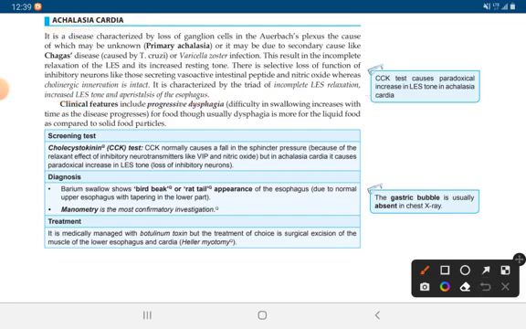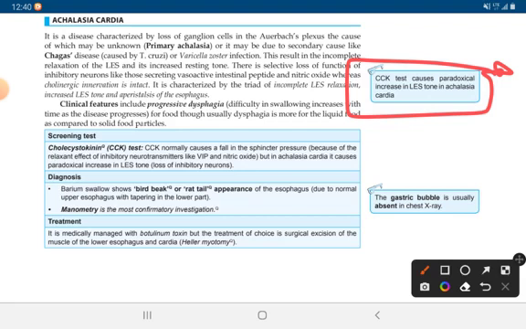The clinical features include progressive dysphagia, difficulty in swallowing that increases with time as the disease progresses, though usually dysphagia is more for liquid food as compared to solid food particles. The CCK test causes a paradoxical increase in the lower esophageal sphincter tone in Achalasia Cardia.